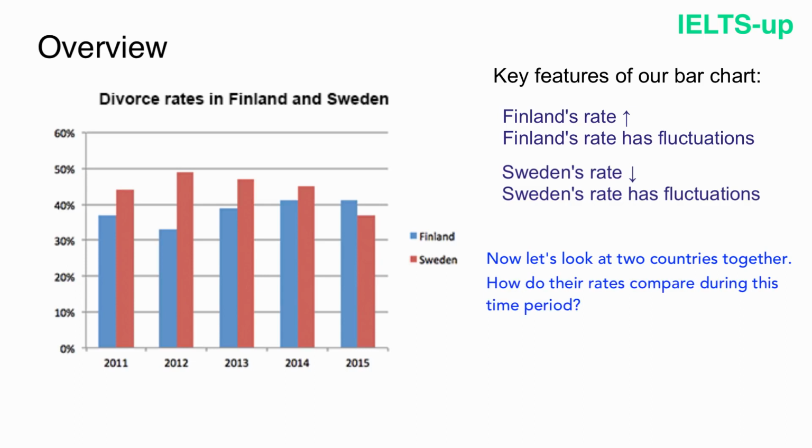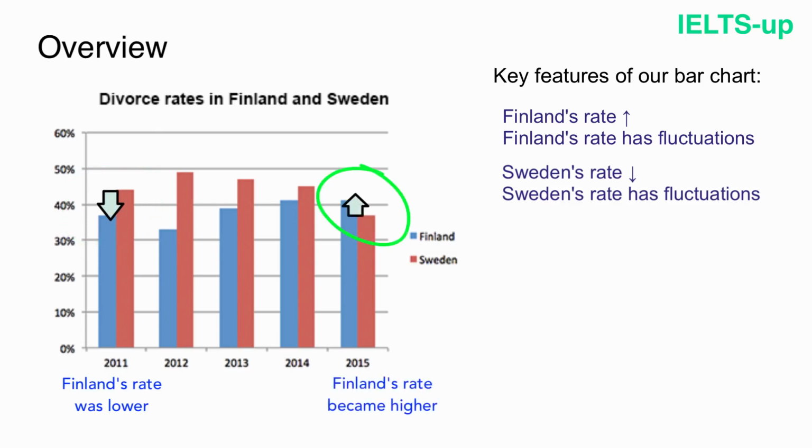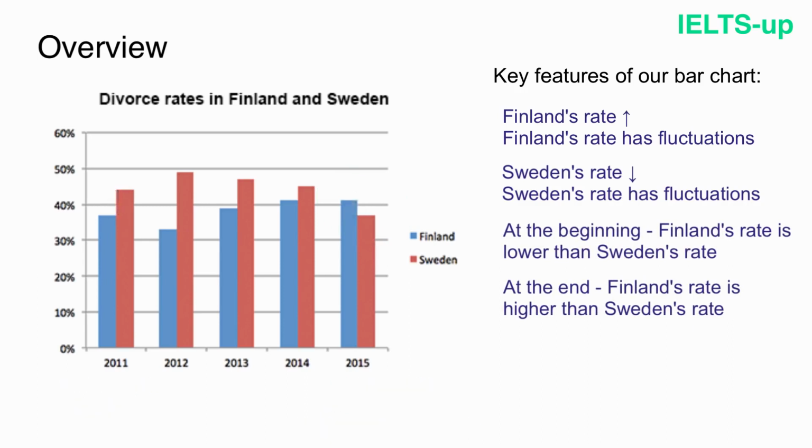To answer this question, we have to look at the country's rates at the beginning and at the end of the period. We can see that initially Finland's rate was lower than Sweden's rate, but at the end of the period, Finland's rate became higher, or outraced Sweden's rate. So let's write down this information.